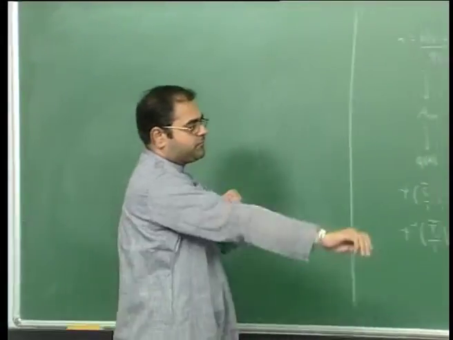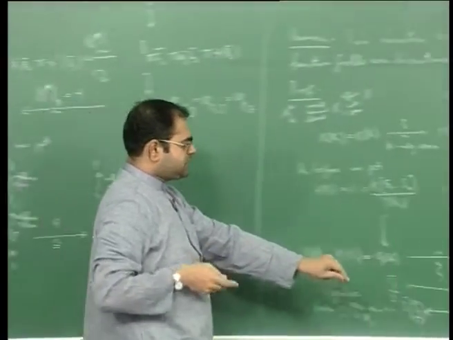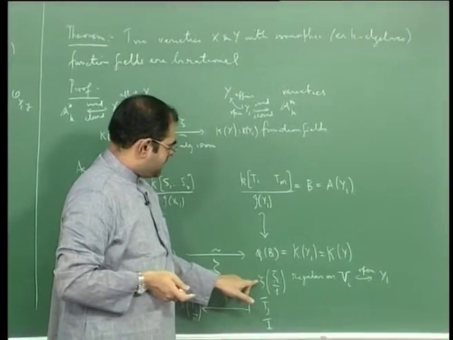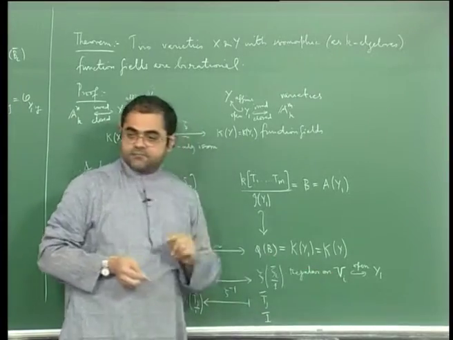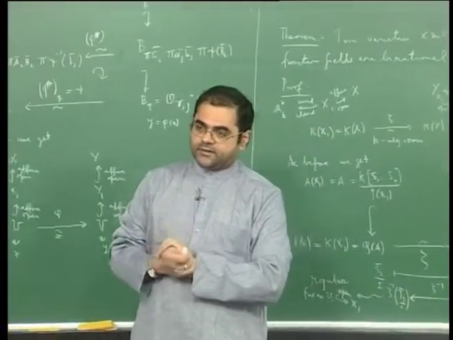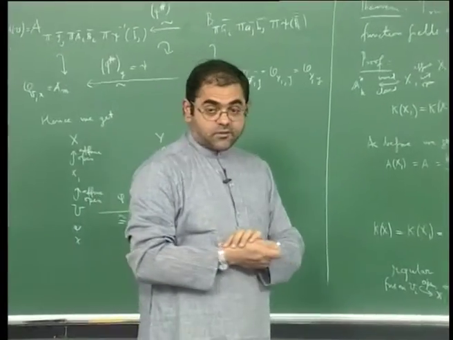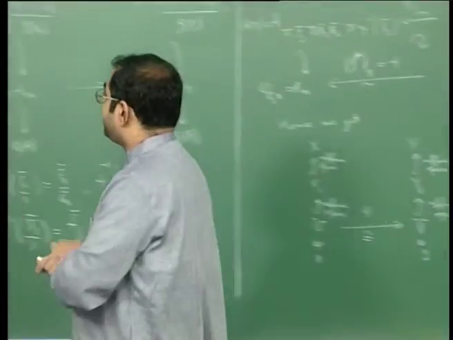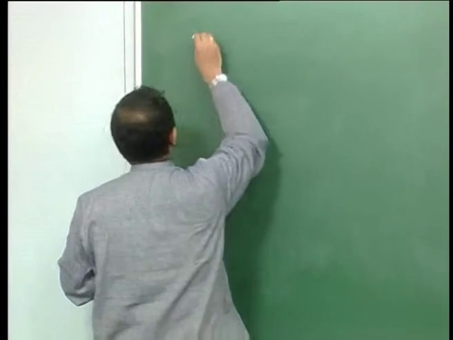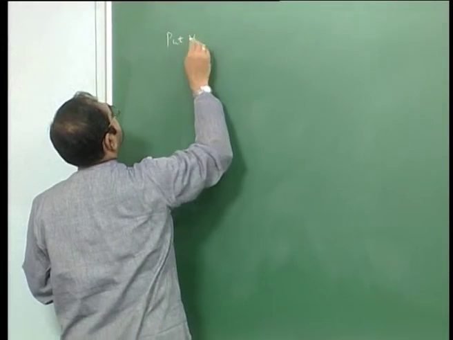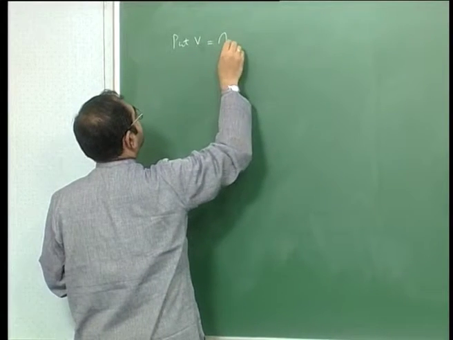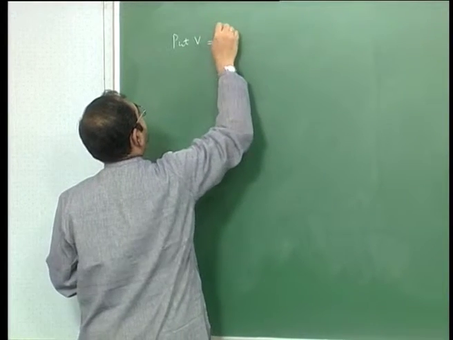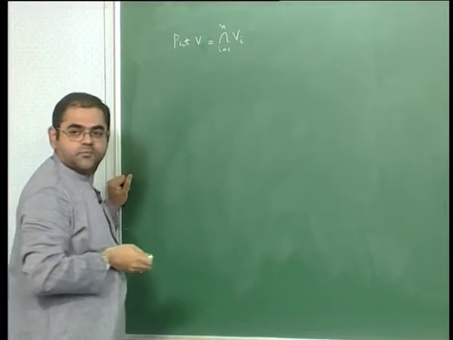So you know what you do is you do the following thing. So this zeta of Si bar by 1 is a regular function on Vi for each i equal to 1 to n, okay. Now you take the intersection of all those Vi's, put V equal to the intersection, V is equal to the intersection i equal to 1 to n of Vi.